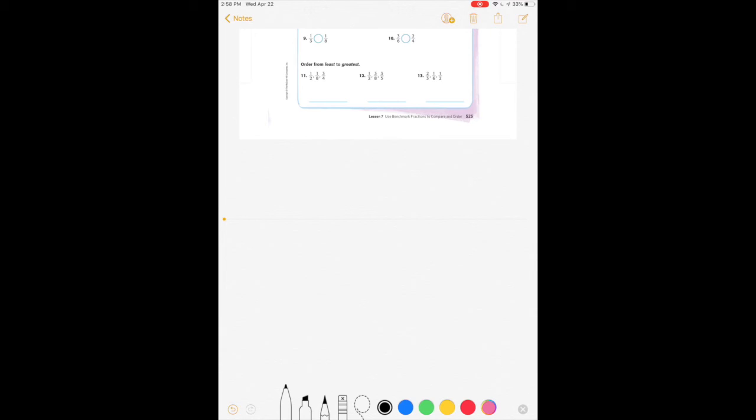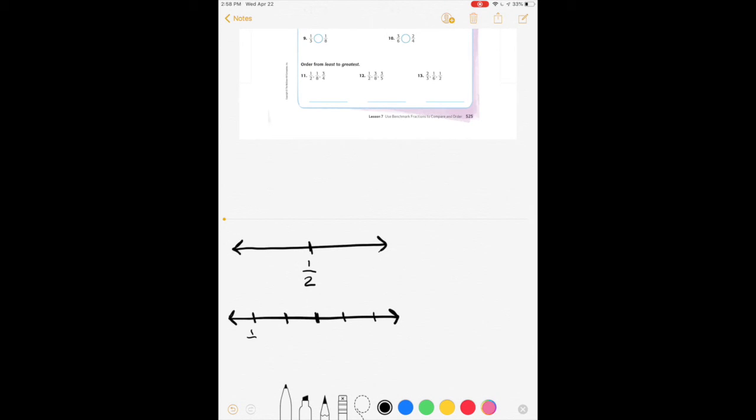10 is 3/6 and 2/4. So we need our benchmark fraction first, which is 1/2. And then I need a number line cut up into 6 equal pieces. Try and make them as equal as you can.